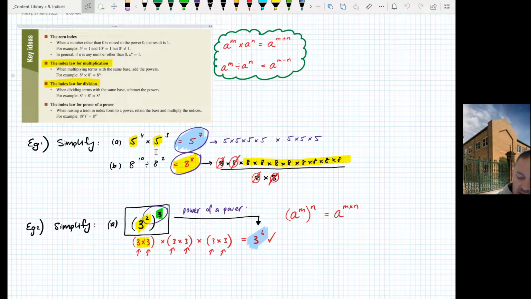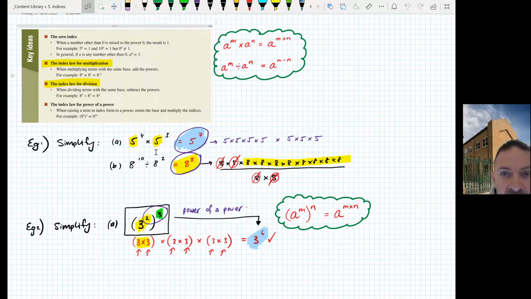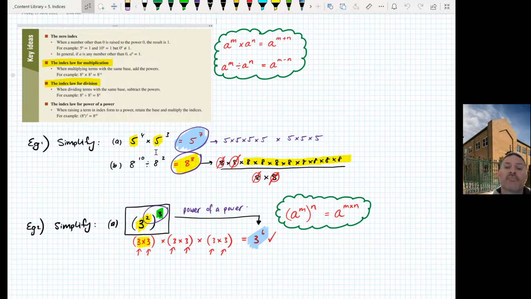And we call that the power of a power law. So it's a little bit quicker to do it like that. So you can see so far we've got these 3 nice laws.